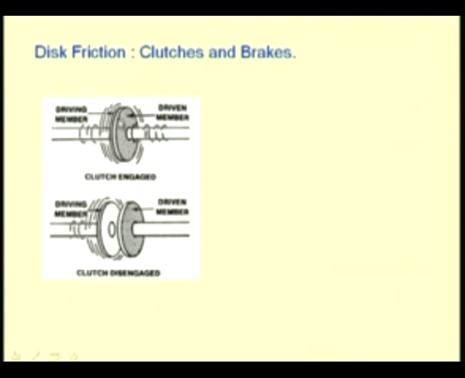Here one should note that the torque is being transmitted from the driving member to the driven member through the friction that exists between these two pads. So, the normal force as well as the friction between the pads should be sufficiently large to transmit the required quantity of torque.